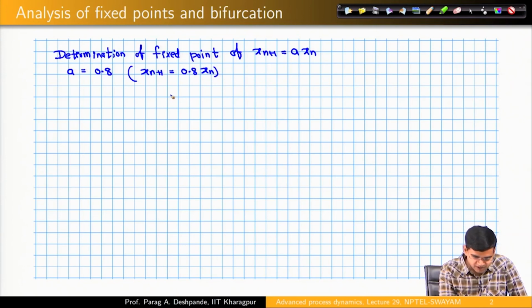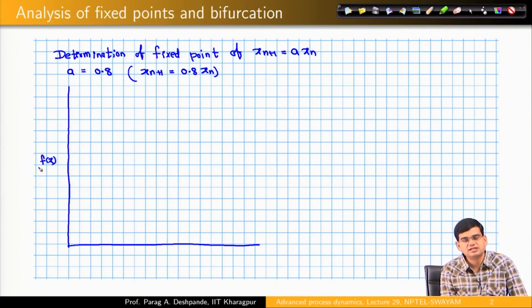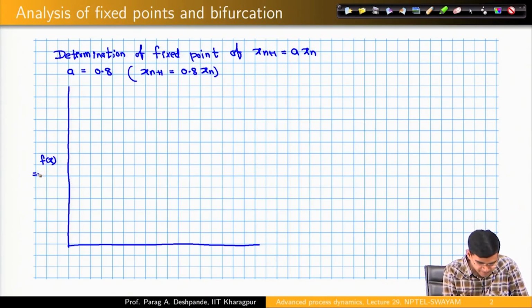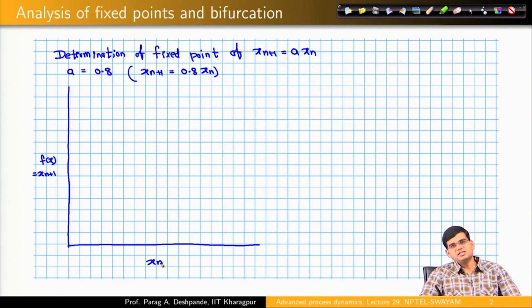So, for determining the fixed point, what I will do is I will draw f of x. And what is f of x? F of x is nothing but x n plus 1, okay, as a function of x n. Why? Because this plot will give me the evolution of my system. How?